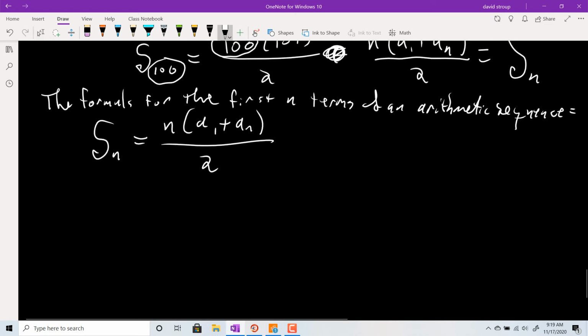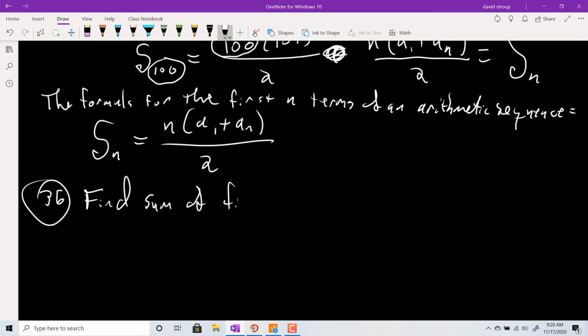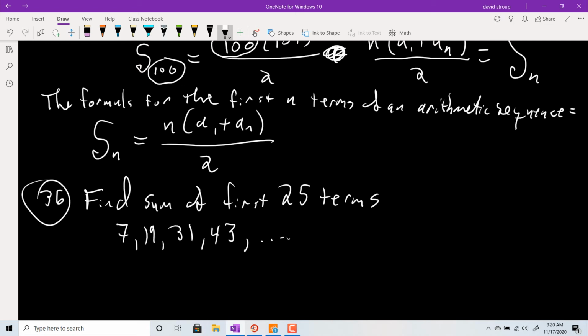Okay, so let's actually do some problems. Here's 36. Find the sum of the first 25 terms. Here's our sequence: 7, 19, 31, 43, and so on.